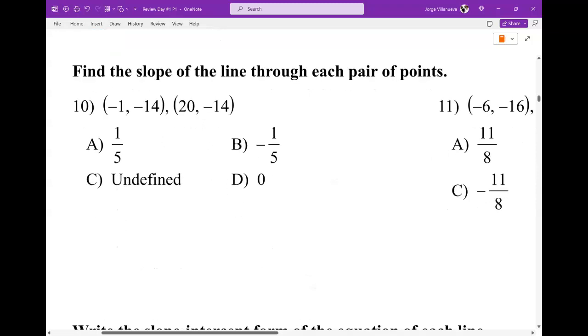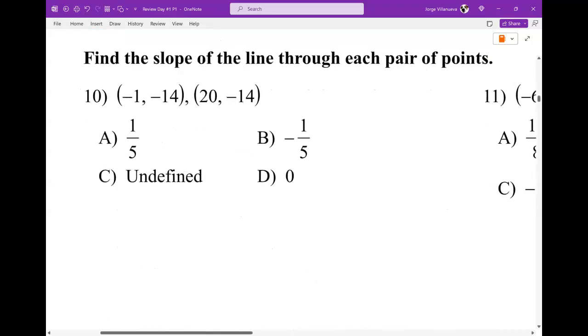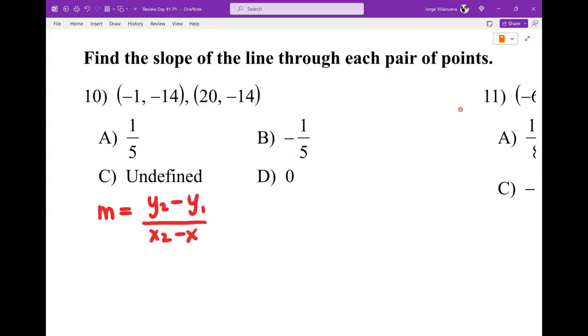All right, find the slope of the line through each pair of points. Since we have 2 points, I'm going to use this formula. This will be my x1, y1, x2, y2.